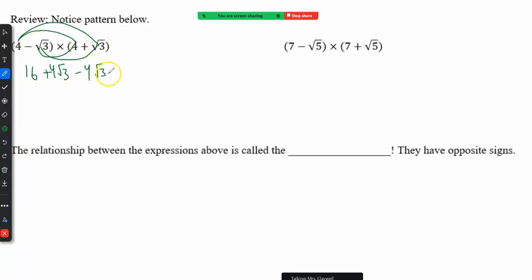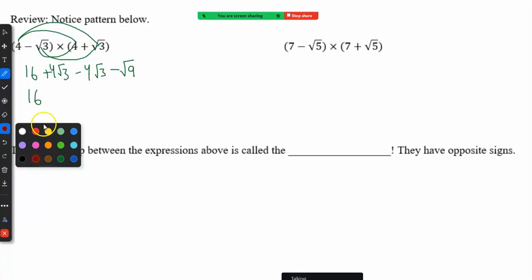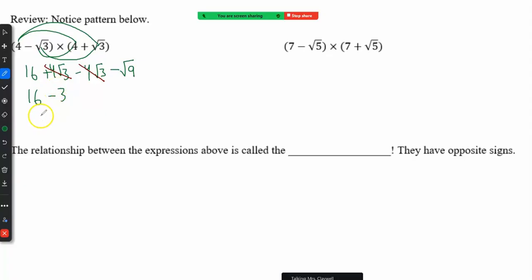And square root of 3 times square root of 3 is, I have a negative, so it's negative square root of 9. These would cancel each other out. This would become a minus 3. So I get a 13. So notice the only difference is I had a negative and a positive in the middle.